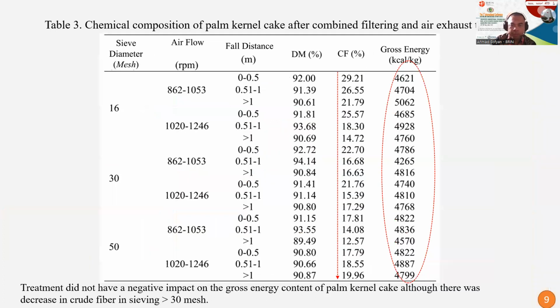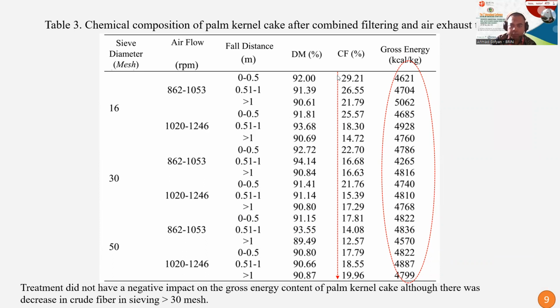In table 3, we can see crude fiber and also gross energy. Gross energy is not affected by treatment, but crude fiber seems to be lower when we use a high mesh size of sieve, and is also affected by falling distance and airflow treatment.